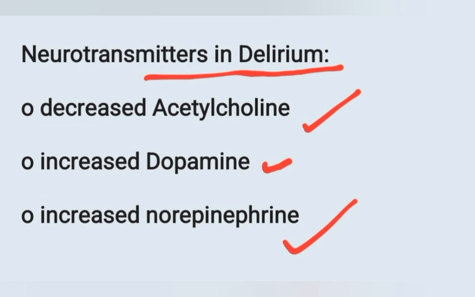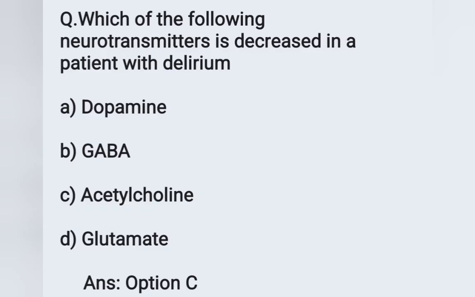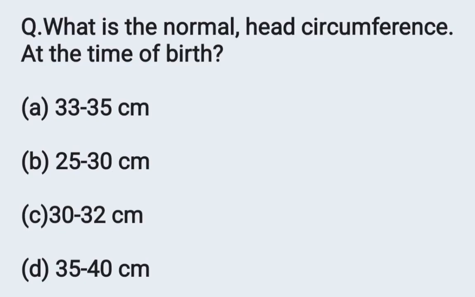In our question, the neurotransmitter which is decreased in case of delirium is acetylcholine, option C. If it is increased, it means dopamine or norepinephrine. Okay, here the question is decreased. Decreased is acetylcholine.